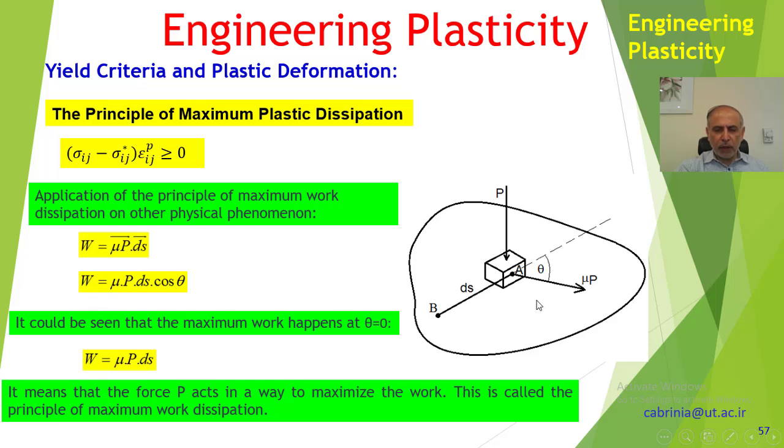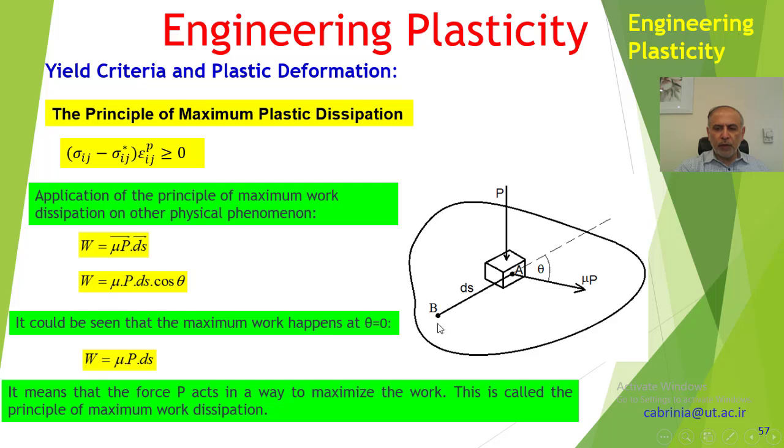But any value other than 0 is not maximum, and the value of w will be less than the maximum value. So when cos theta gets the maximum value, mu p comes along this direction, which is the right image, where it should be, because this doesn't mean anything really.